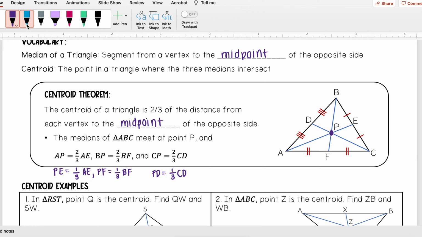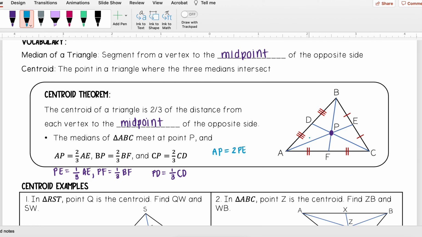And then one other relationship that we get from this is that the one that's 2/3 of the way, so for instance, AP, is going to be twice as long as PE. And so I can also say that AP is equal to 2 PE.